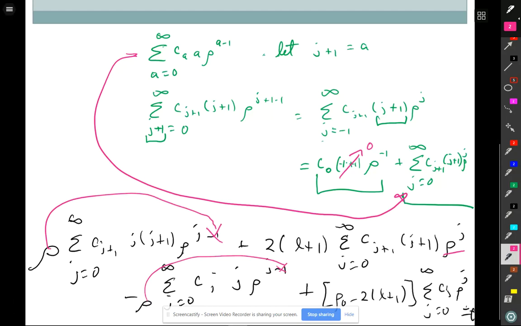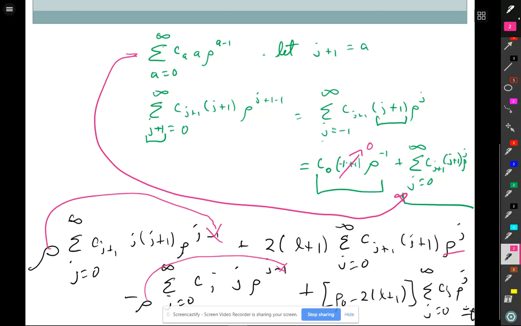So now, how is this useful? This equation has to be true no matter what rho is, right? I mean, it's a given. And because I have rho to the j, for each power of j, it's going to have to be independently true.